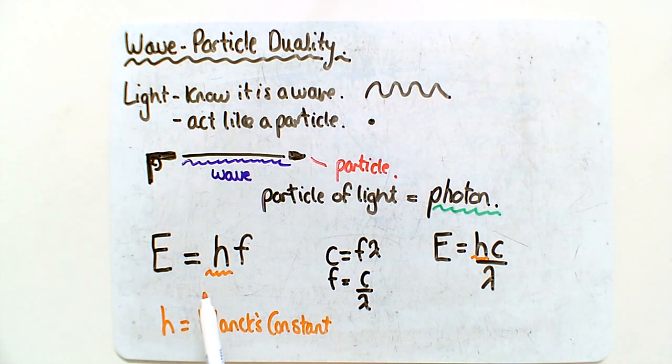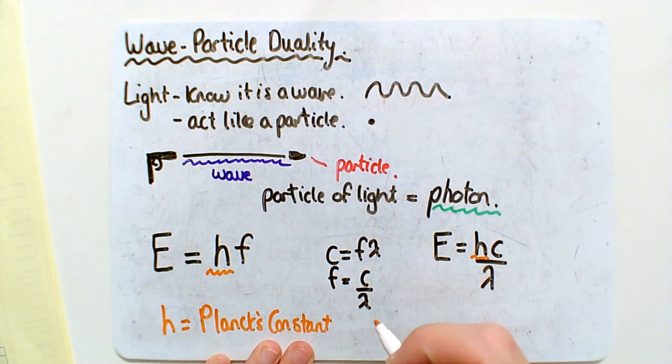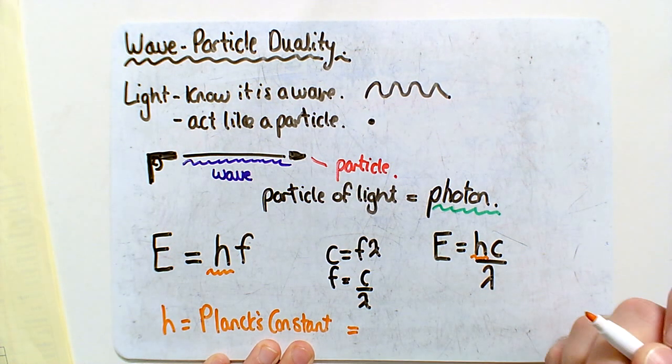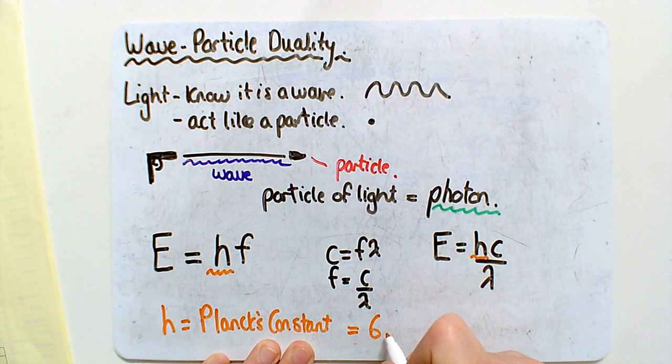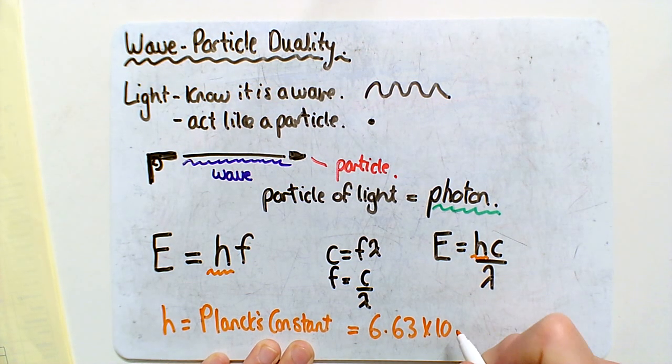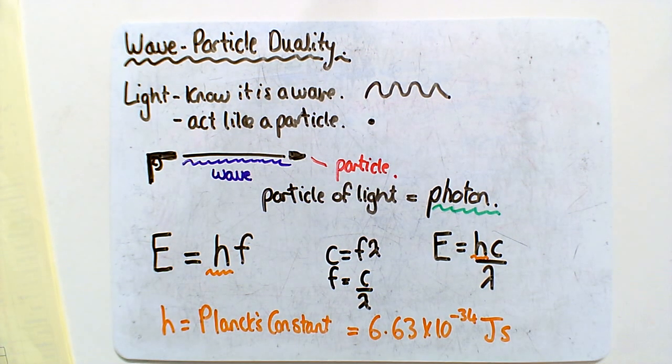And one of the things he did was develop this constant for being able to calculate the energy of waves. And Planck's constant, luckily for you, you don't need to remember it, it's in the data booklet, but Planck's constant is equal to 6.63 times 10 to the minus 34, so a very, very small number, joule seconds.